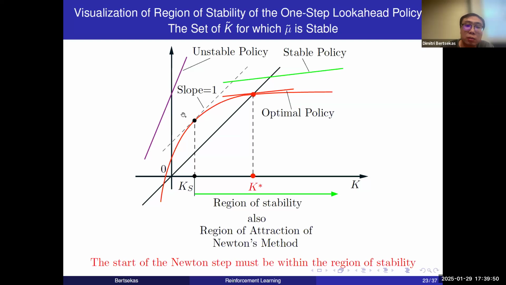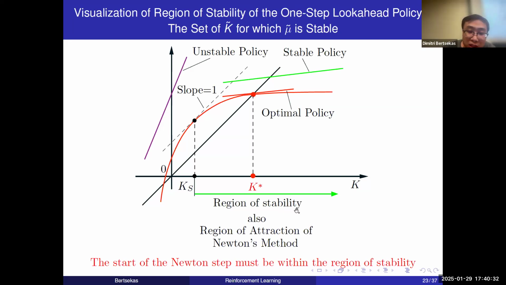And in fact, we can provide an exact description and calculate exactly how the region of stability looks for this linear quadratic problem. Again, if we draw the Riccati operator for some unstable policy, we're going to have a line with slope larger than 1. On the other hand, for any stable policy, we will have a line with slope smaller than 1.